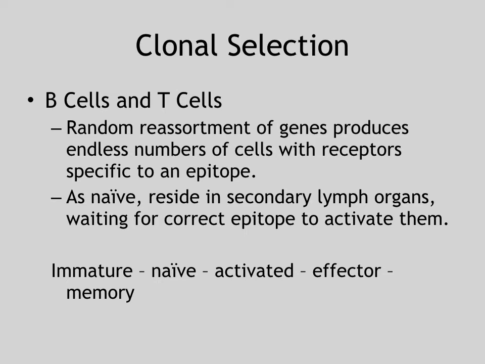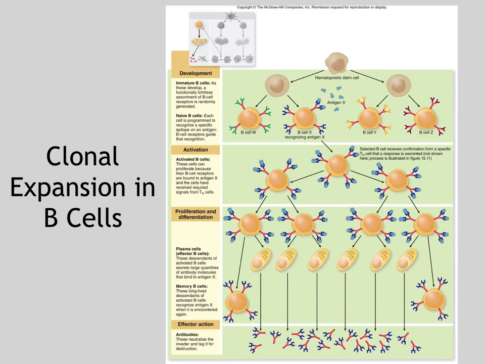So they are referred to as effector cells when they are functioning and fighting off some kind of antigen. And then finally, some of them will die off, like plasma cells will eventually die off, and others will become long-term memory cells. So they end up floating around in circulation, and they remember that antigen, and should we ever come into contact with it again, the adaptive immune system will be able to respond much more quickly.